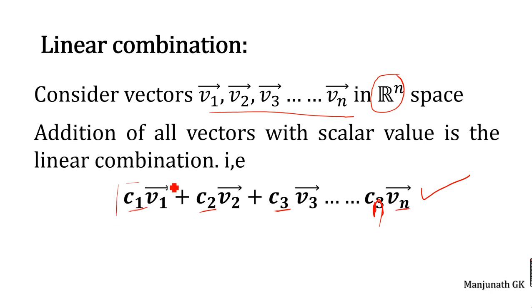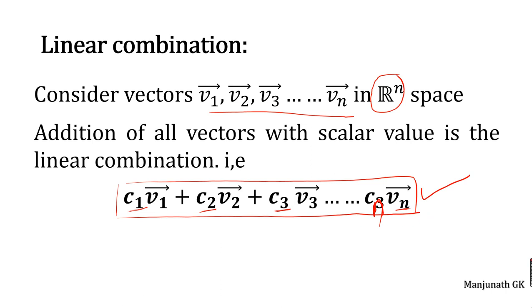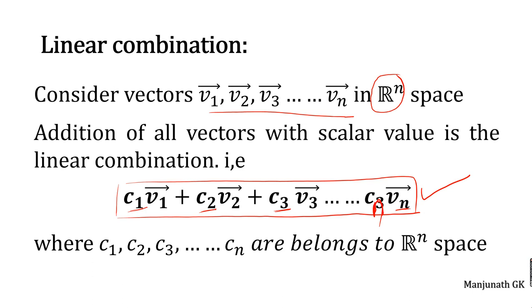This equation is a linear combination of the given vectors varying from v1 to vn. They are in Rn space, where c1, c2, c3 and so on up to cn are scalars, constant values.